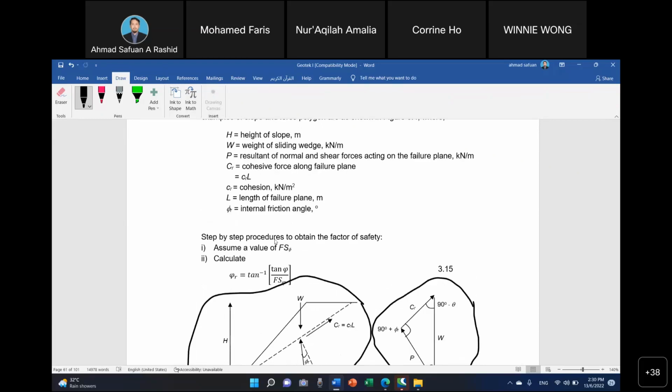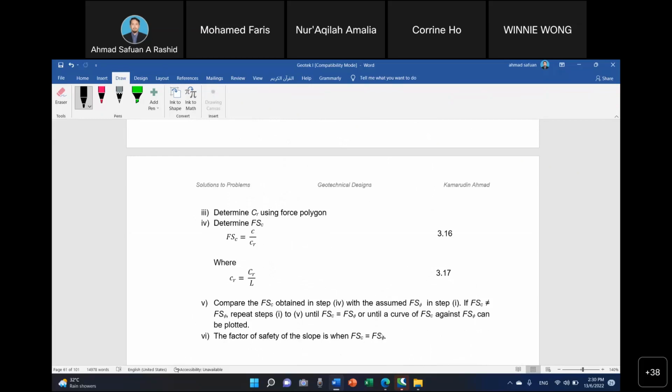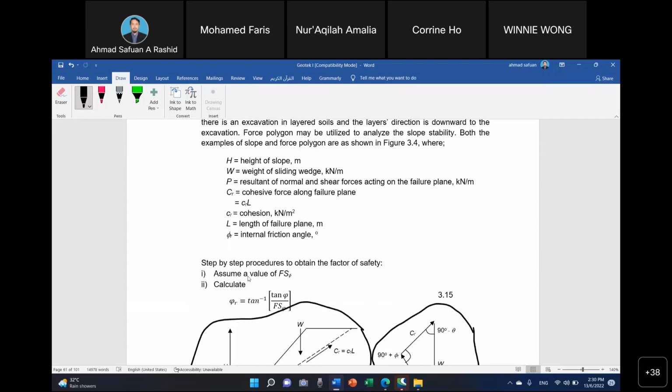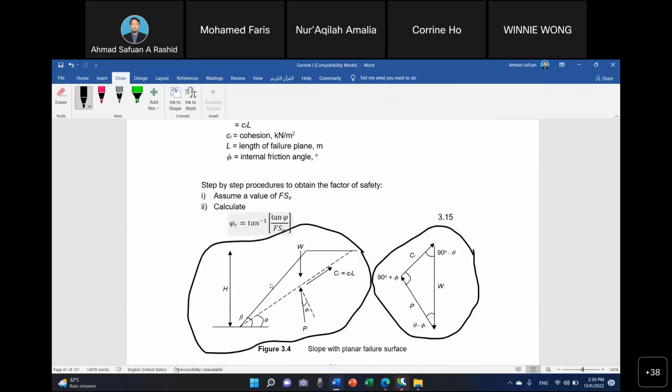We need to make sure that FSC is equal to FS phi. So the procedure: assume a value of FS phi. Calculate phi r equal to tangent phi over factor of safety phi.